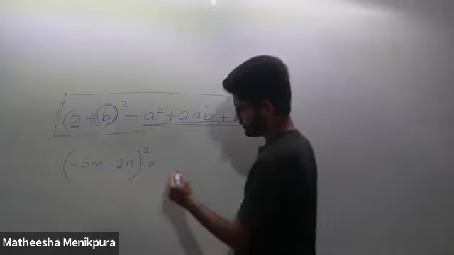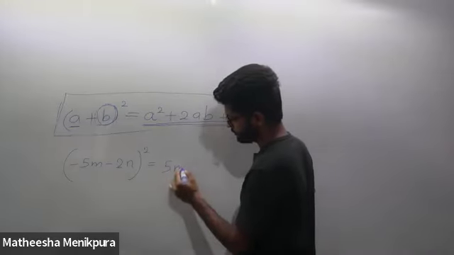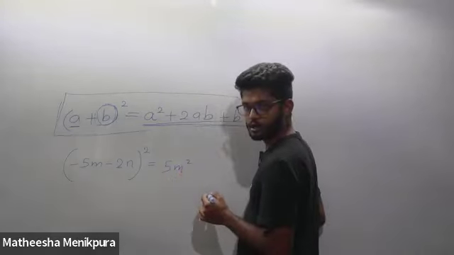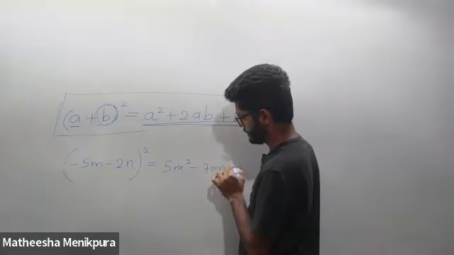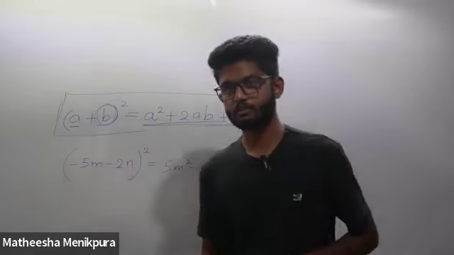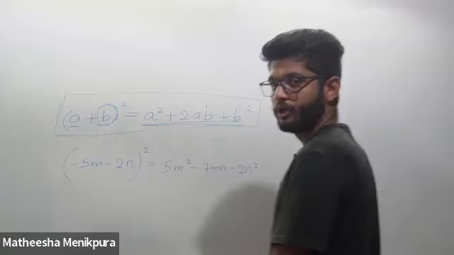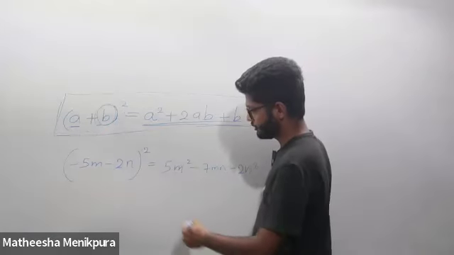So 5m squared minus 7mn minus 2n squared. What is your answer? Others, what answer do you have?